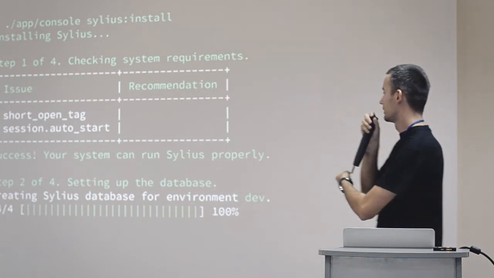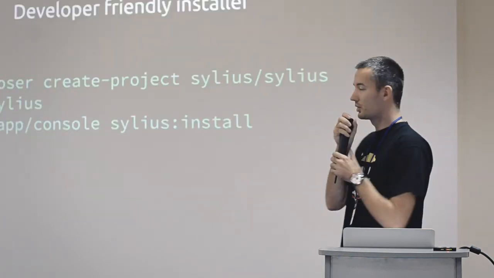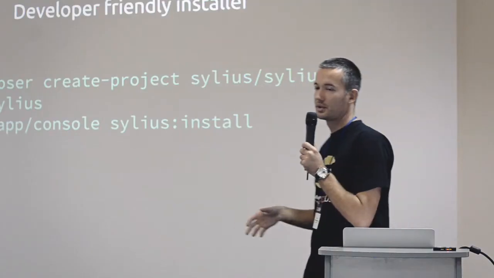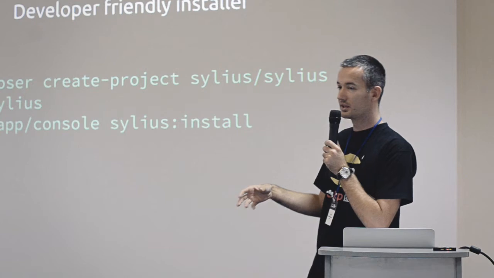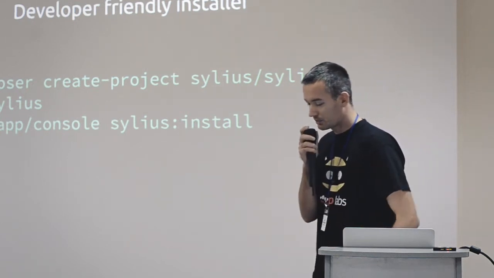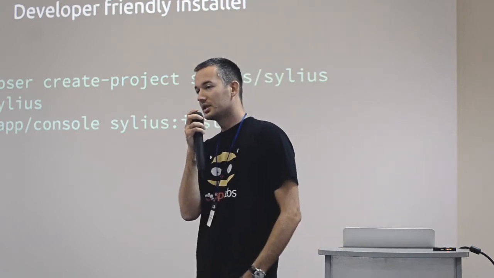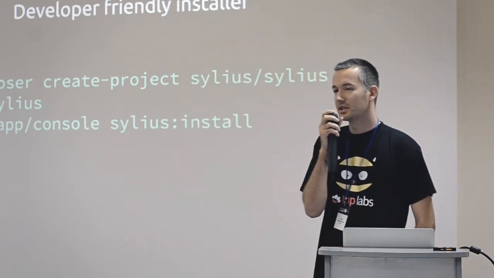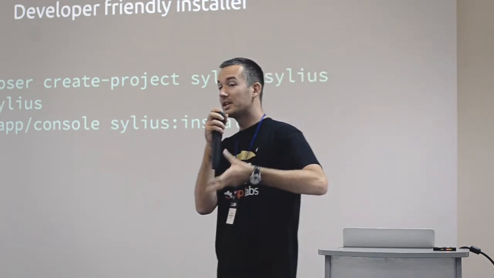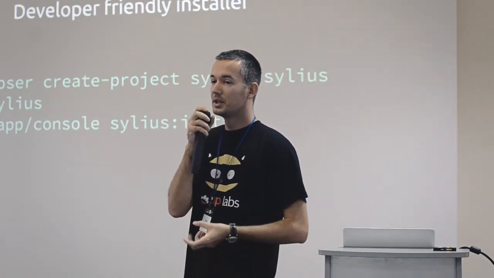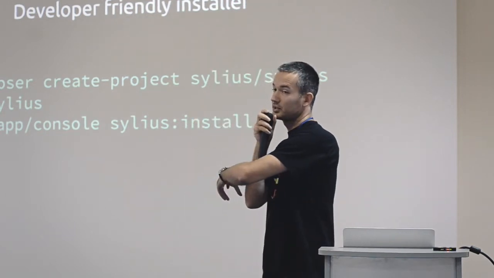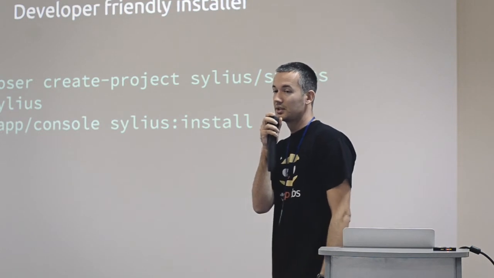The Sylius repository is the central repository where all the development happens. We use it for development and as a demo for the Sylius project. But there is also a project called Sylius Standard. This is similar to the Symfony Standard Edition. So if you want to start your own project based on Sylius, you will probably pick Sylius Standard, because in that case, all the Sylius related code will be in your vendor directory.